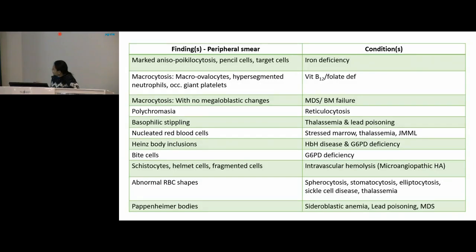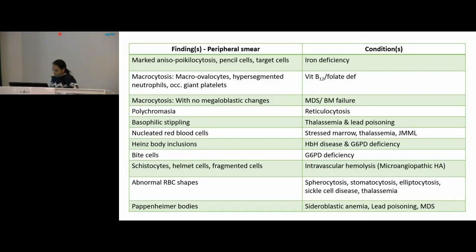And then you very well know about microangiopathic hemolytic anemias. Again, there will be increased destruction of RBCs in the periphery, and that can be seen as schistocytes, and sometimes you get helmet cells and fragmented cells. If that is seen in the periphery, again you should think of microangiopathic hemolytic anemia. And these are self-explanatory.